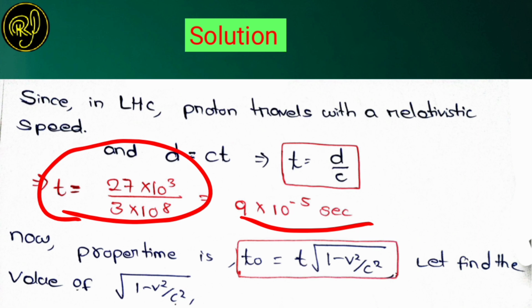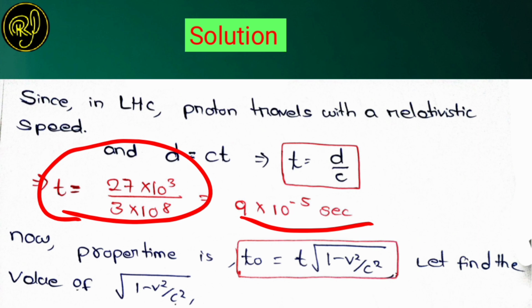Now from relativistic mechanics we have the formula for proper time, that is t0 is equal to t multiplied with root over of 1 minus v square by c square, where t0 is the proper time.